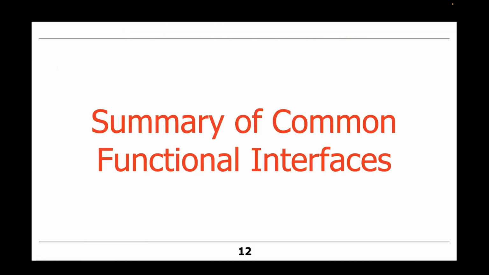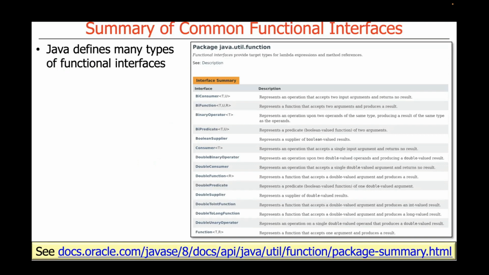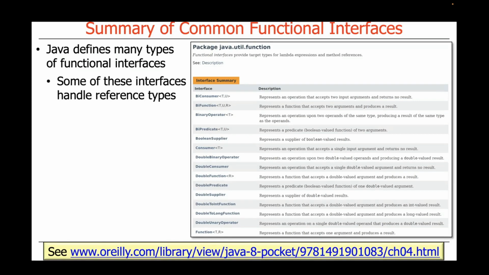There are a lot of functional interfaces that come predefined out of the box. There are dozens of them. You can see some of them here, things like Function. We have other things like BiFunction. We have Consumer, there's Supplier, there's Predicate, and so on and so forth.